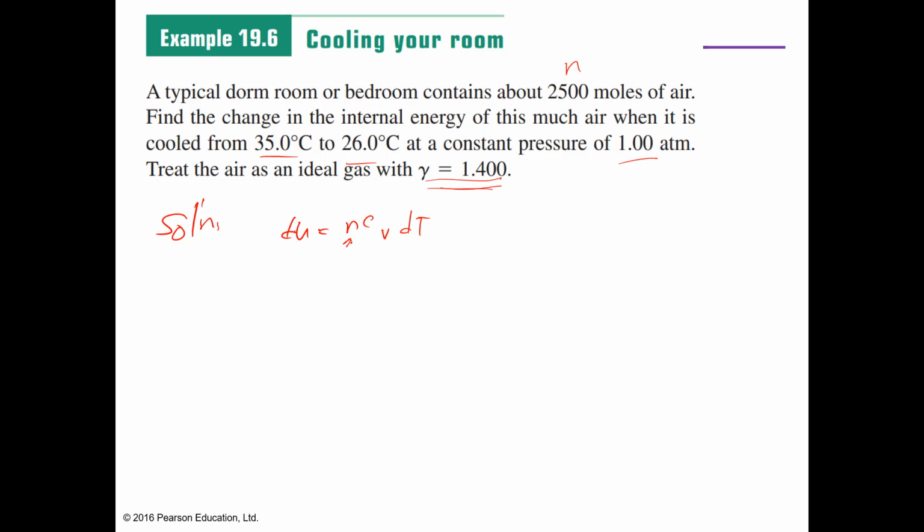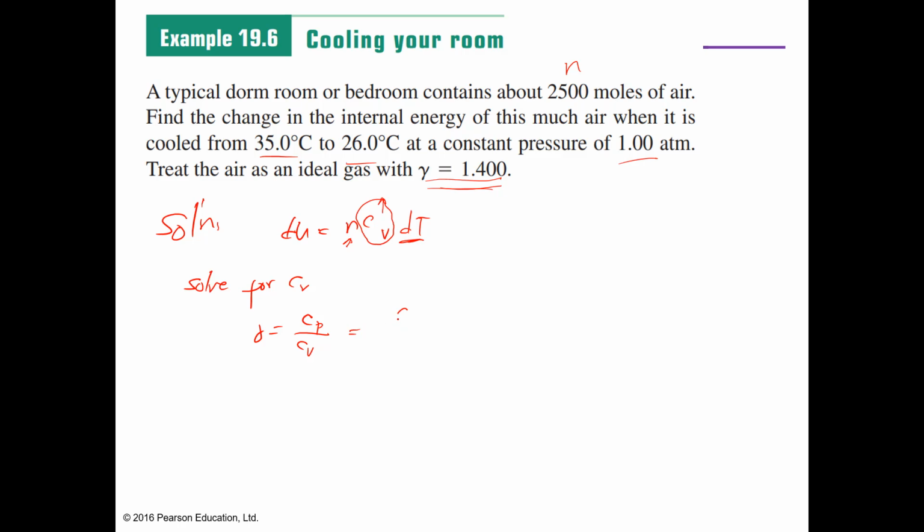We know n is 2,500 moles, and dT is the difference of temperature, initial 35 and final 26 degrees Celsius. But we don't know Cv. However, I can solve for Cv using this. Solving for Cv, take note that the ratio gamma is equal to Cp over Cv, okay?